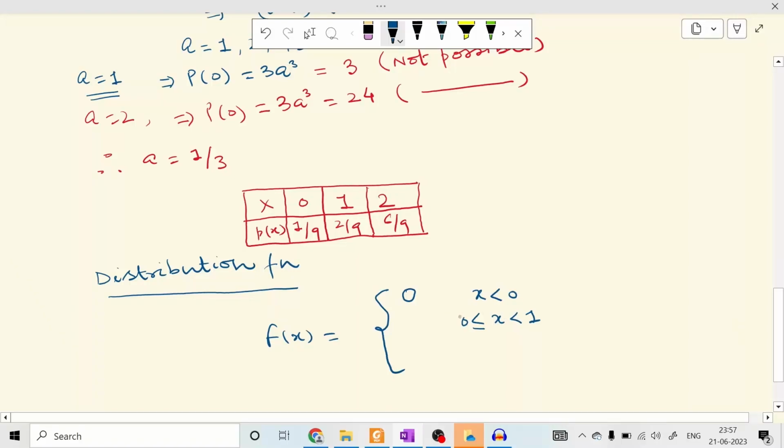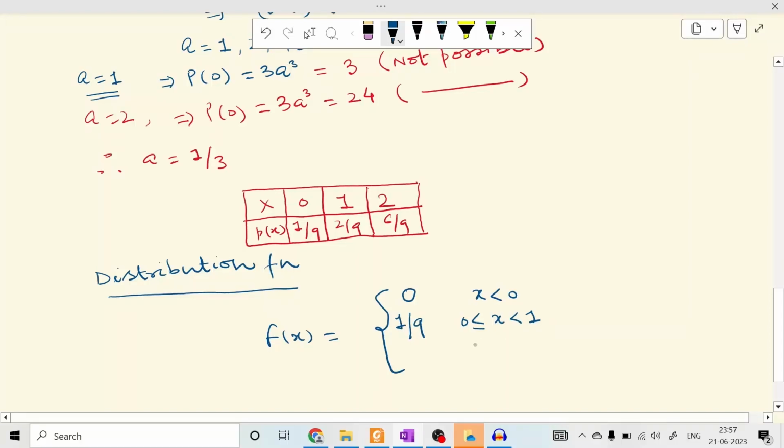So we have to add all the probabilities. It is given that the value of the probability except these 3 points is 0, so there is no other probability. However, because 0 is included here, we have to add only the probability which corresponds to x is equal to 0.